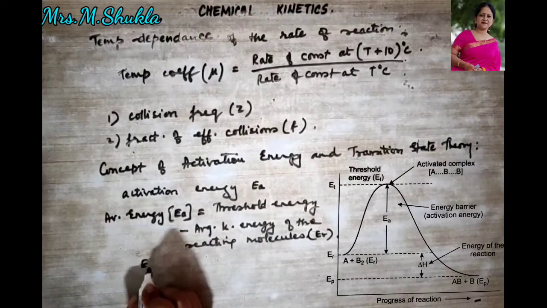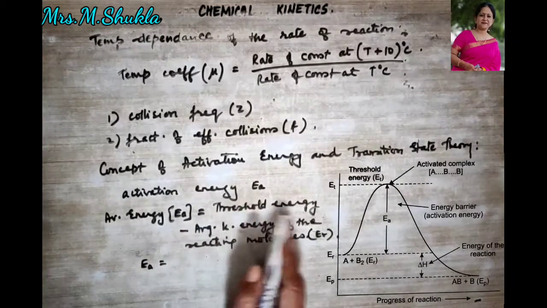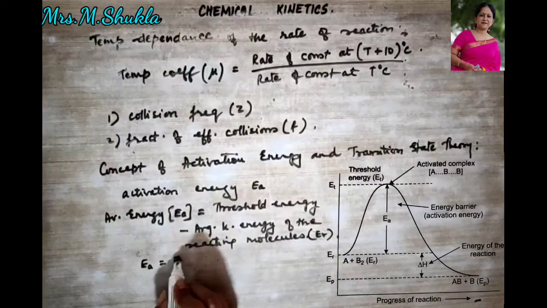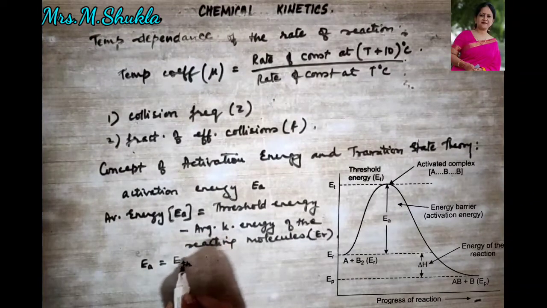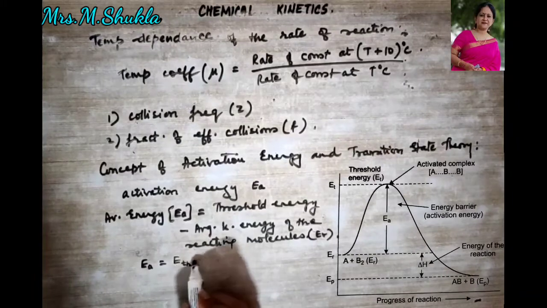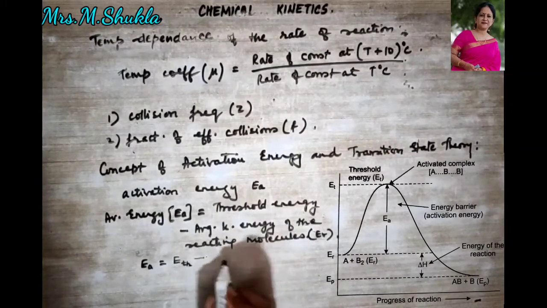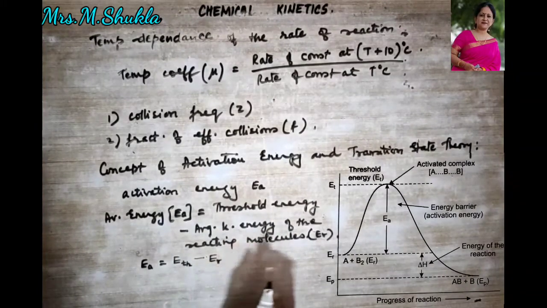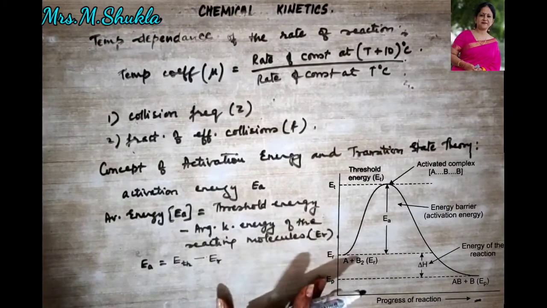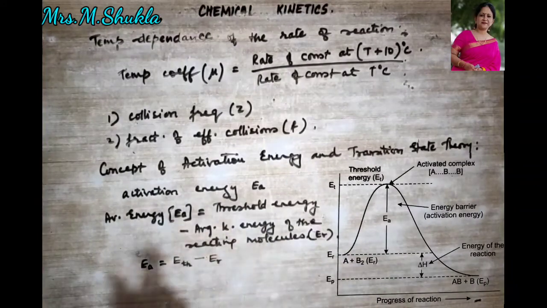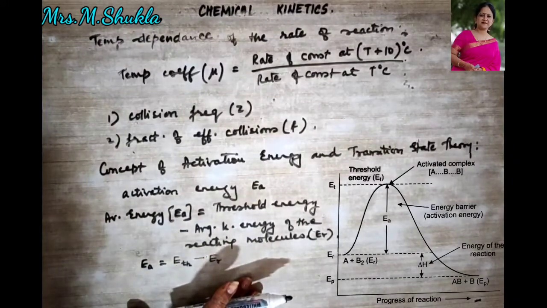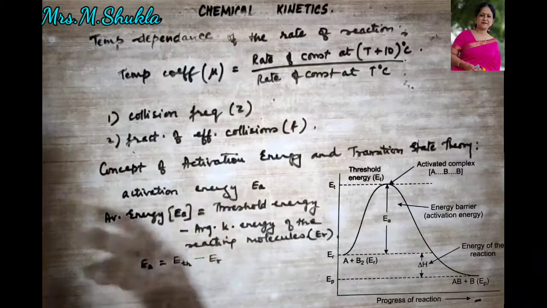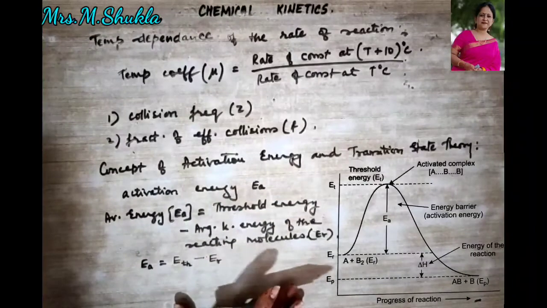So what can we say? Your activation energy EA is equal to the threshold energy, which is written as T, or in some books as TH, minus ER, the energy of the reacting molecules, right? Now, fast reactions have low activation energies, whereas slow reactions have high activation energies.